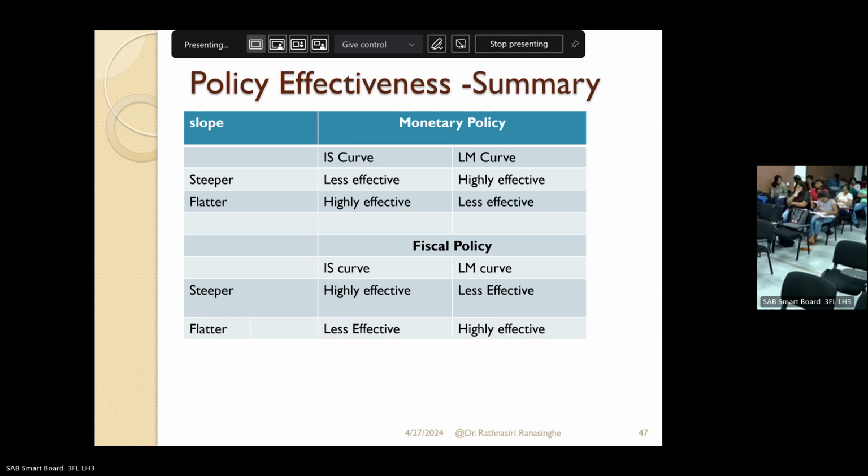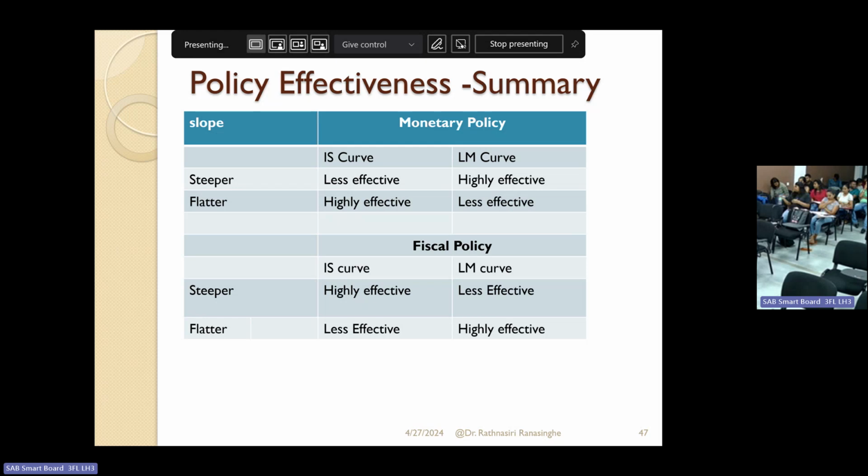So the effectiveness of the fiscal policy, raising the government expenditure: we evaluate the impact on income by looking at the crowding out effect. In this case, there is a low interest elasticity of money demand.